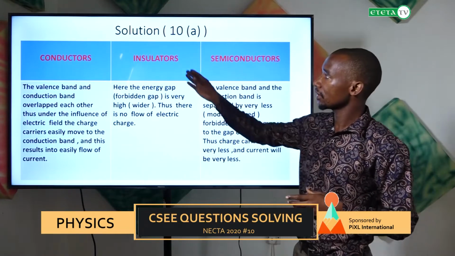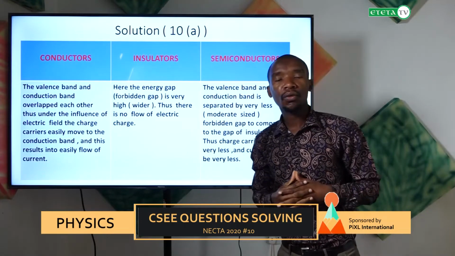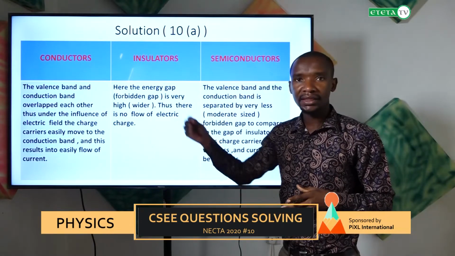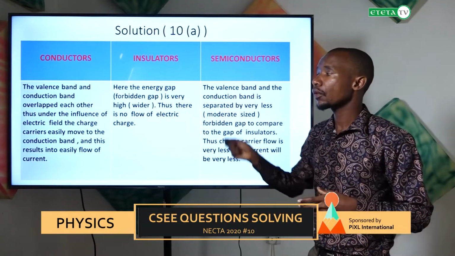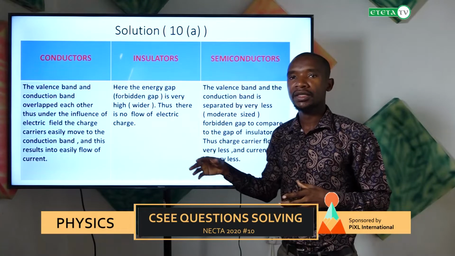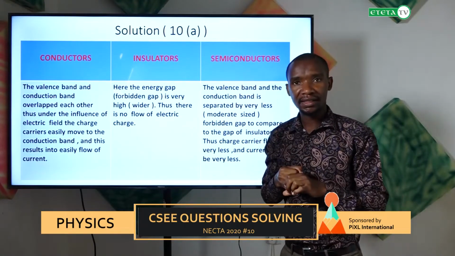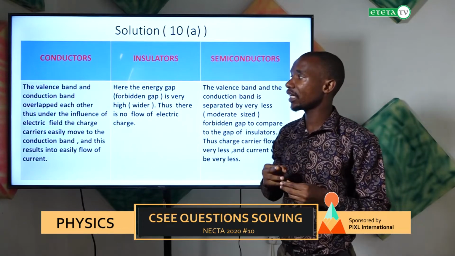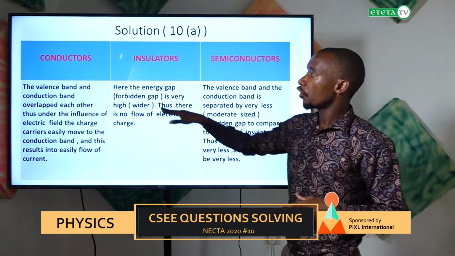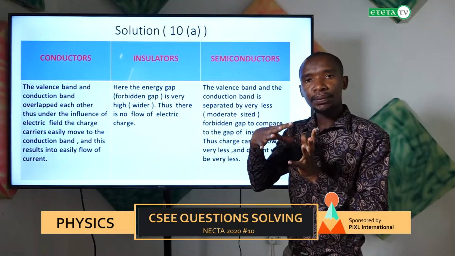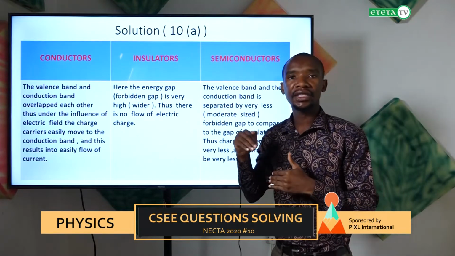When you come to insulators, we have valence band and conduction band, but also we have what we call the forbidden gap. Simply, it consists of 3 bands. We have valence band, conduction band, and forbidden gap. Here, the forbidden gap is a gap or a band which is found between valence band and conduction band.